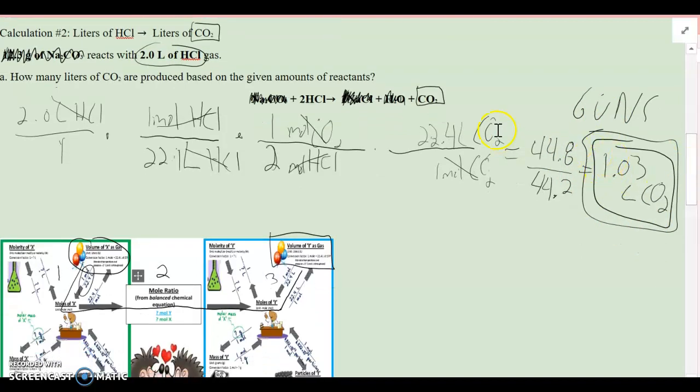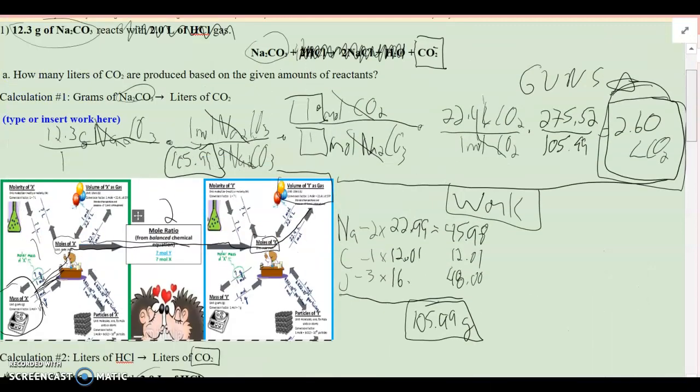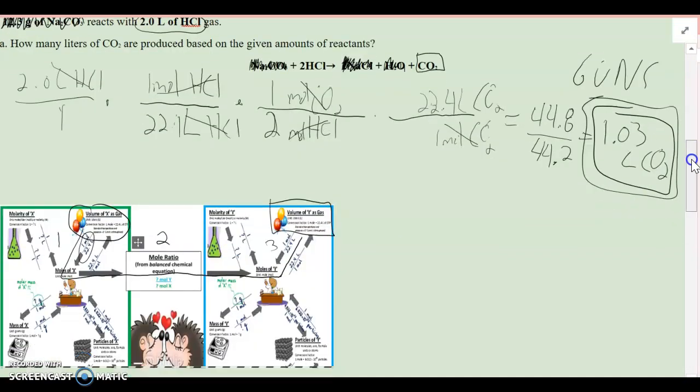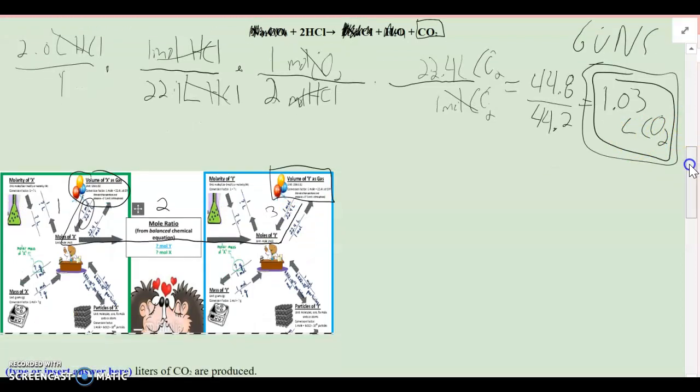The most I can make of CO2 in this case is 1.03 liters. Because 1.03 is smaller than 2.6, this is going to be my limiting reactant. This is the ingredient that I can make less of my recipe with. This is the ingredient where I make less CO2. So this is going to be my limiting reactant.